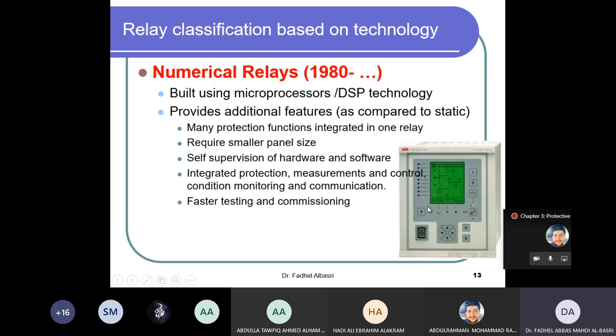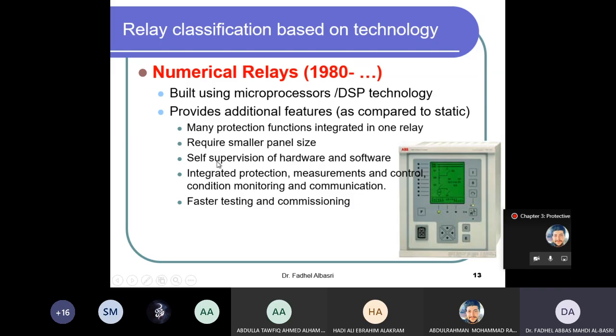Not only are they very small, smaller and compact, but you can also add many protection functions within the same relay. These functions are like a library, and you select from the library which protection functions you want to activate. It requires smaller panel size.